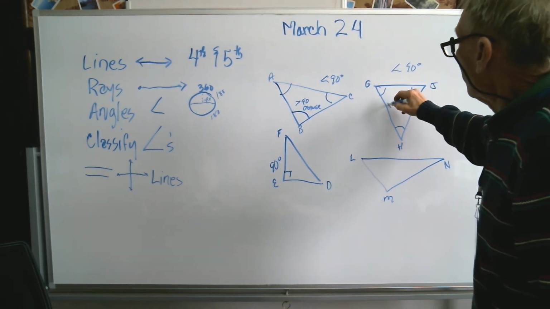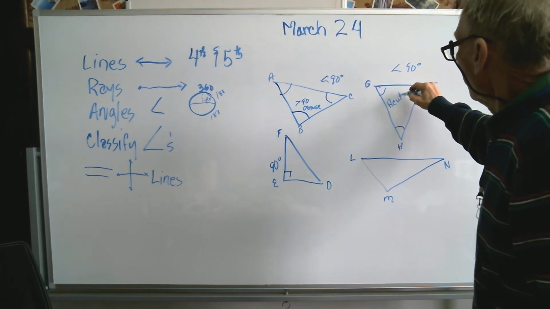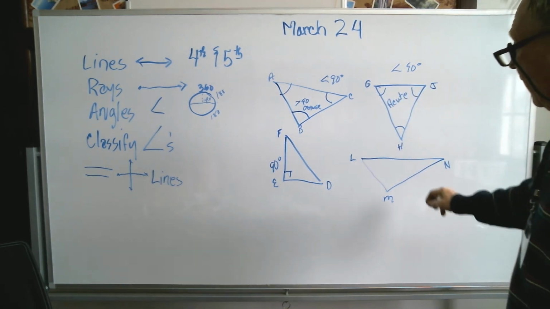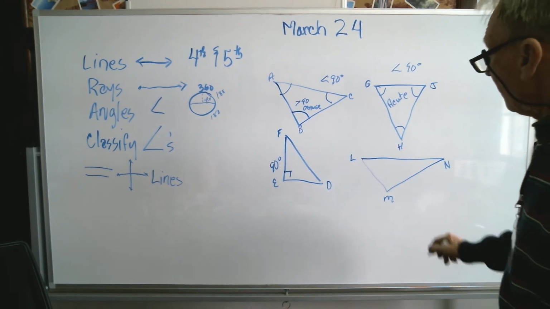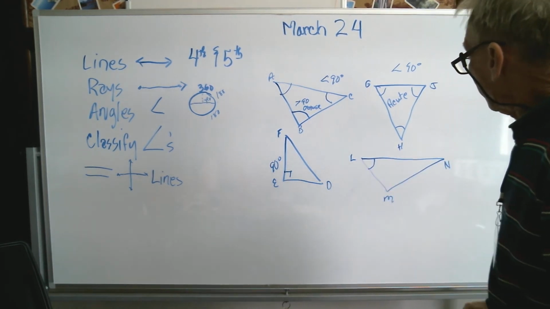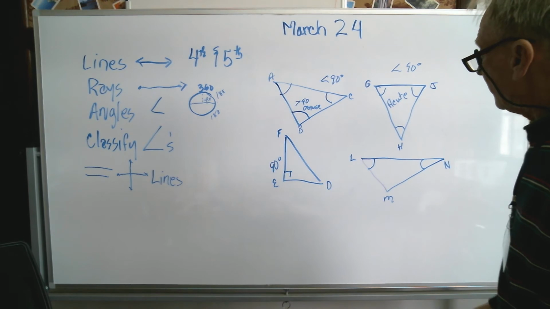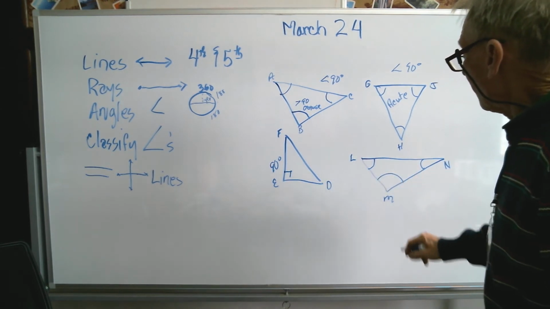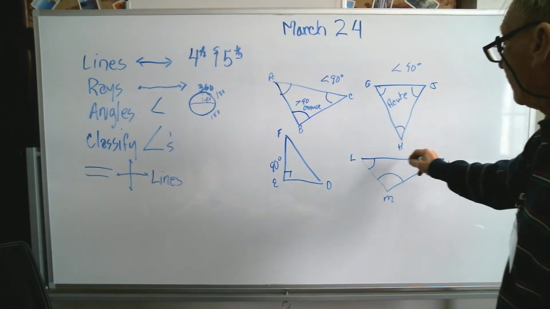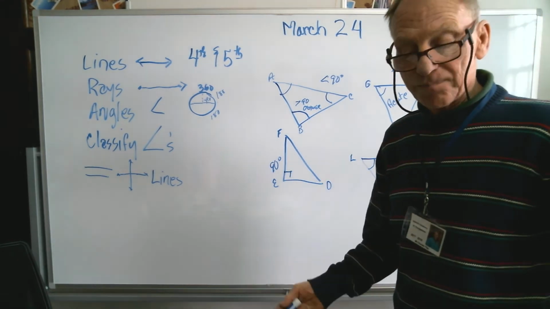So all three of them are acute. Looking at this final example, we have an angle less than 90 degrees, an angle less than 90 degrees, and an angle greater than 90 degrees. So we got two acute and one obtuse angle.